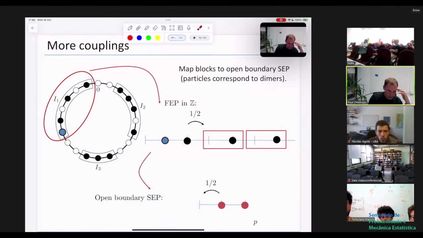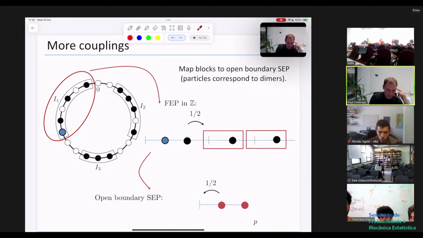Now, what I want to do is just bound how long it takes for this ergodic block to completely spread out. If I wait sufficient time such that every block has spread out, then I know that I've reached the ergodic component. So this ergodic block, I've unwrapped it, I embed it in Z, and then again, this looks like an open boundary simple exclusion process.